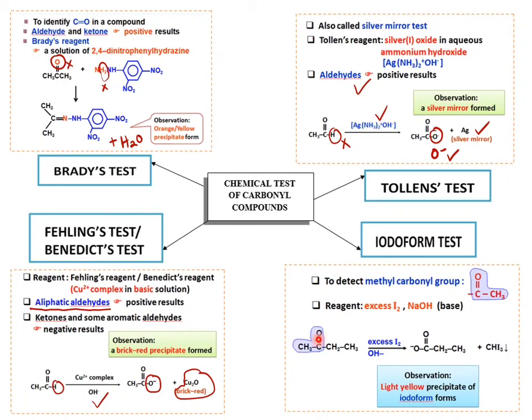The C double bond O, CH3 here, this CH3 will leave, and we replace it with O minus. The rest at the front is the same. This CH3 will turn into iodoform, CHI3, which is a light yellow precipitate. An arrow pointing down refers to a precipitate, and an arrow pointing up refers to gas released. So these are the chemical tests in carbonyl compounds that you can use to differentiate aldehyde and ketone.